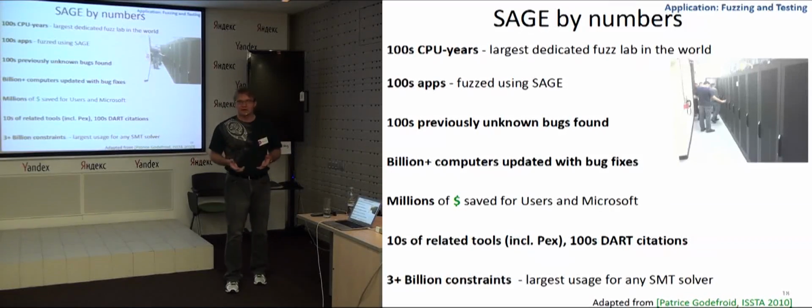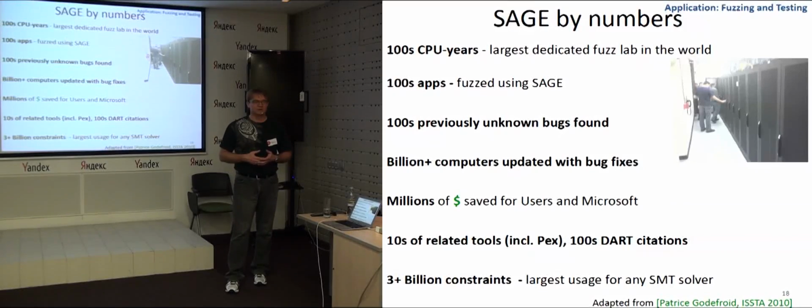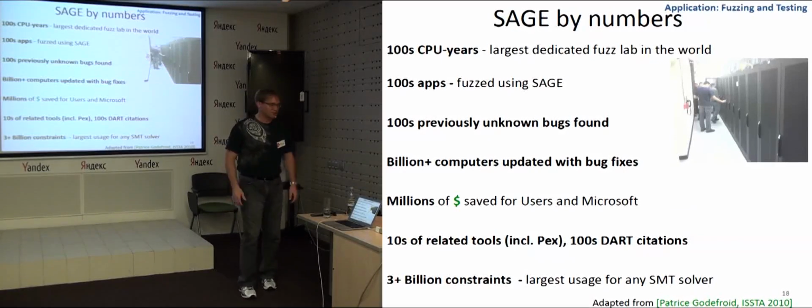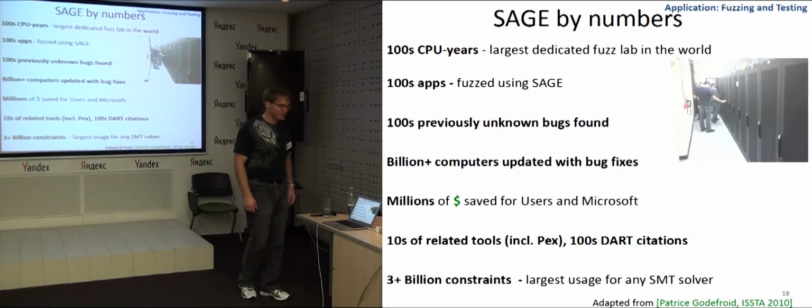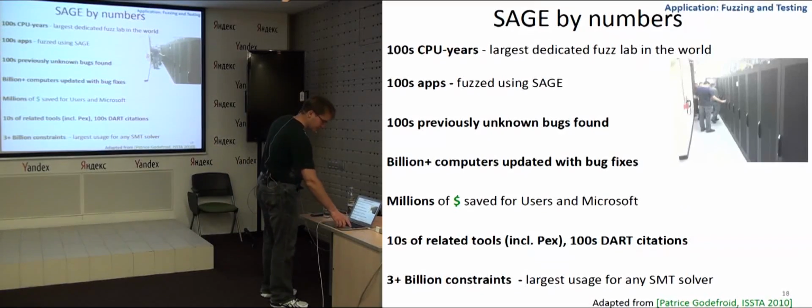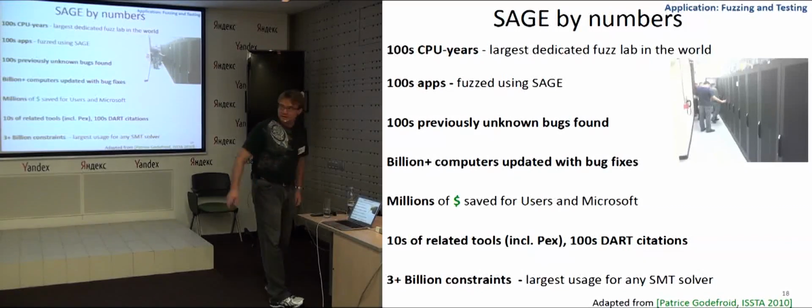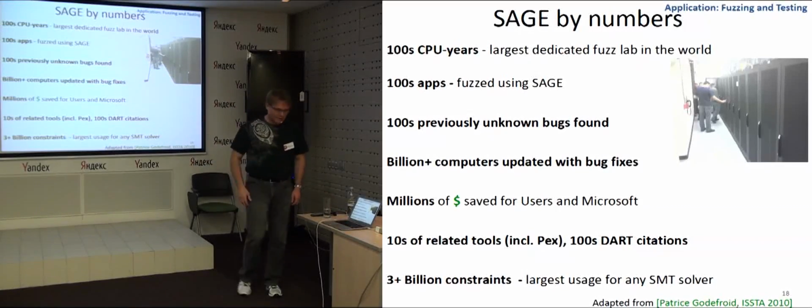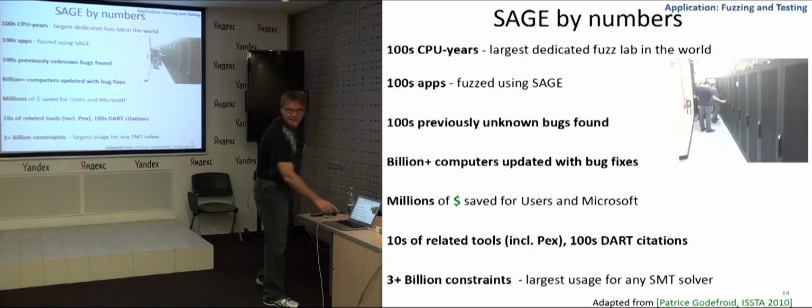But that's useful because if you have a billion people depending on tools and there's a security vulnerability, one CPU year is nothing. There was recently a security vulnerability in Java that was found. Okay, so it's also the largest use of a constraint solver. Yes, good.